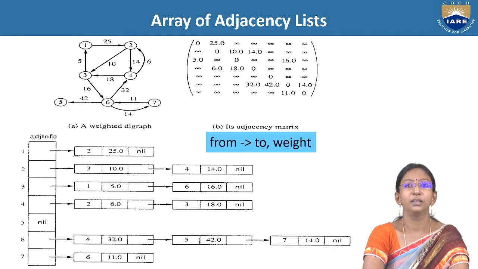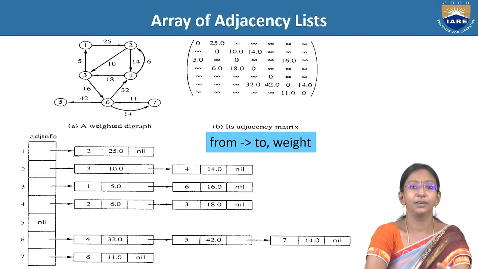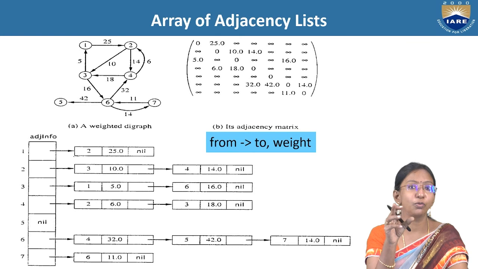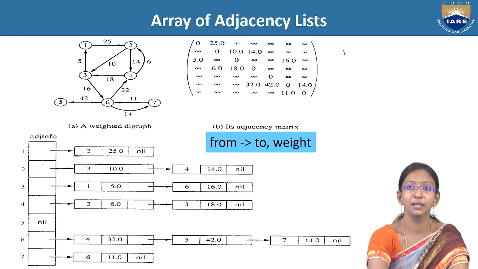Okay, so this is a representation of a weighted directed graph. The enhancement is, as the edge is also bearing the weight, you need to hold the value of the weight also. So the structure of the node changes. Previously, we had the structure of the node as neighbor and address of that neighbor, these two parts, right?